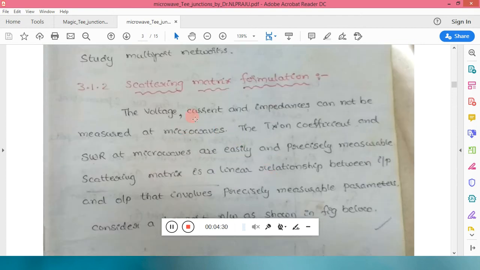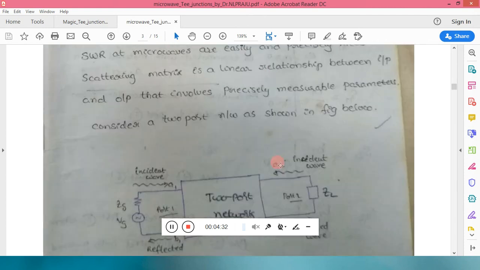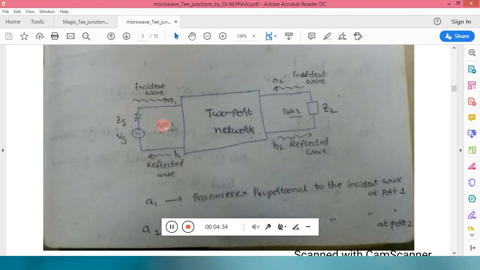The formation of the scattering matrix is like this. Consider a small network, a two-port network. This is port 1, port 2. Generally, we represent input like this and output like this. I have represented here the source, this is Vg for port 1. If you apply some signal here, that is the incident wave, which I represent with A1.